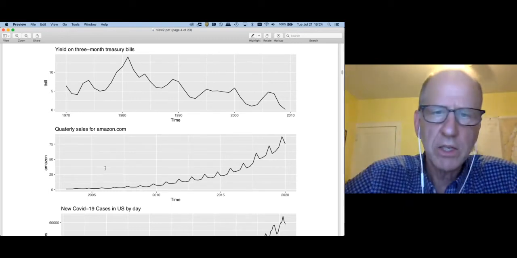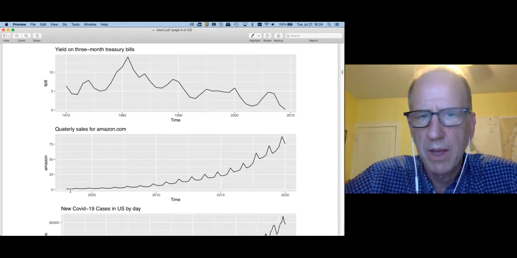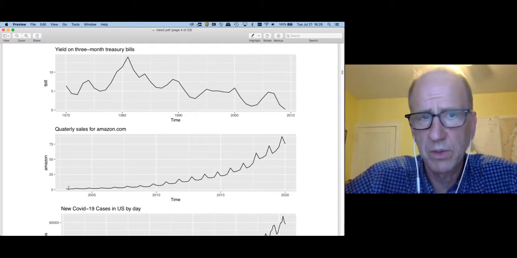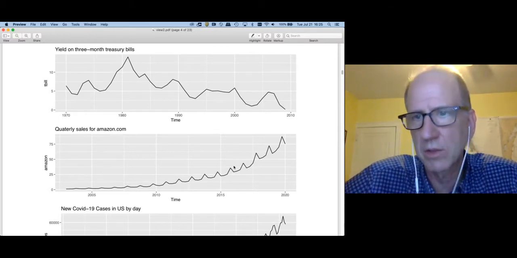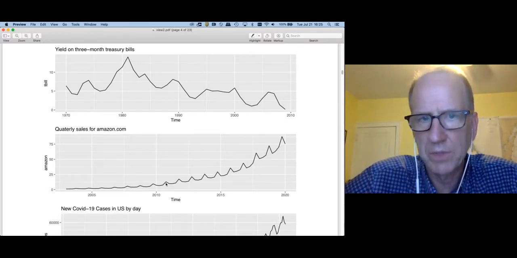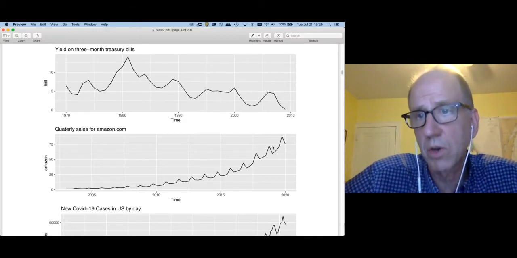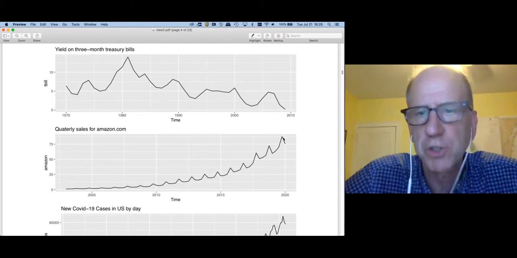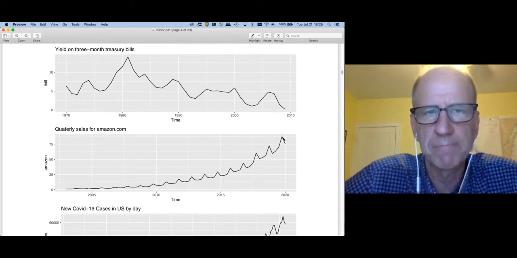The other thing I see here is an exponential trend. So there is a general trend that Amazon sales are getting larger, and the slope is actually increasing over time. I think it's going to be exponential. Not sure yet, but that's just eyeballing it.